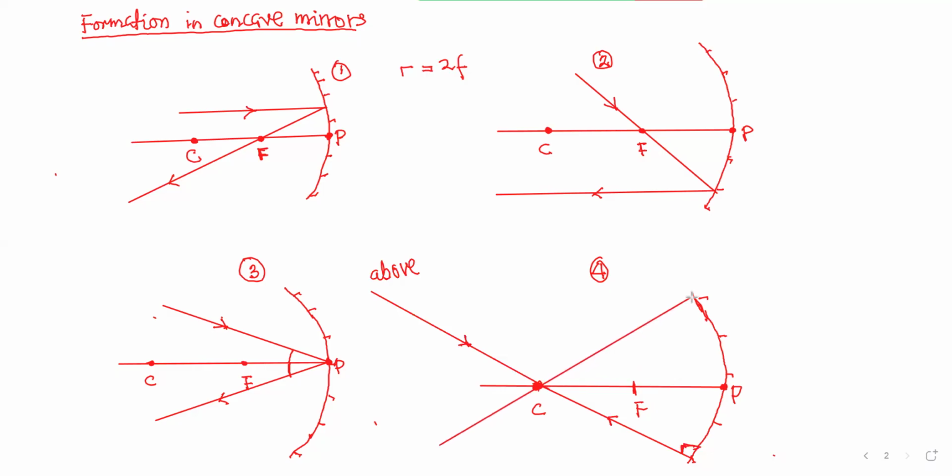And once it is incident on the mirror at 90, it must reflect back along the same path. So incident, reflected, and must pass through C so long as it's incident on the mirror at an angle of 90 degrees. So these are the 4 rules that will be used for this game.